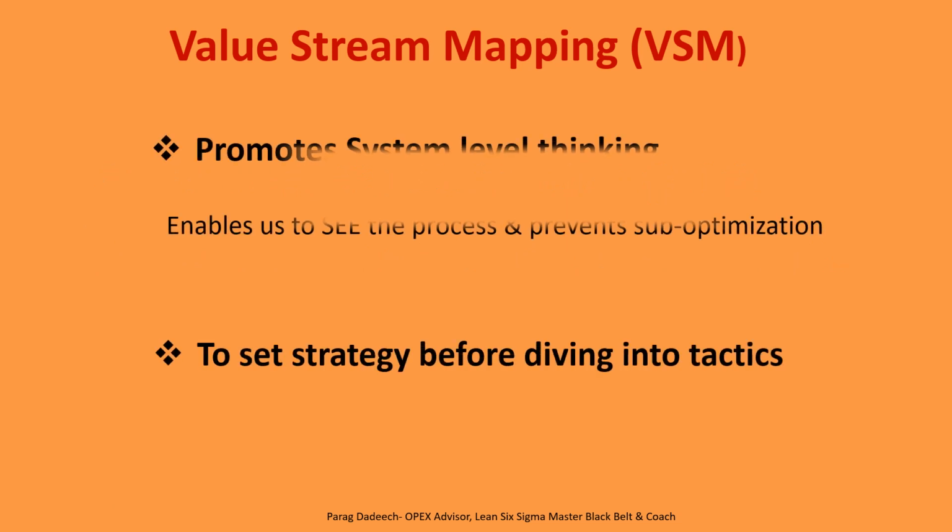Value stream mapping is a powerful visual tool that helps you see your business process effectively, whatever be the type of your business process. And that's very important because it helps you set the overall strategy before you go into the tactical part or taking actions for improvement.